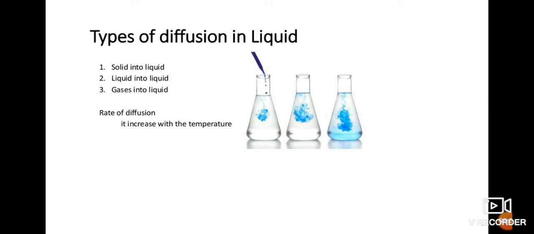So with the increase in kinetic energy, the particles are moving very fast. Now, as they are moving very fast, they will get inside the space of the other molecules and they will undergo intermixing easily.